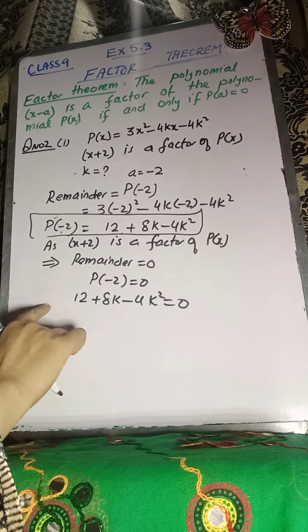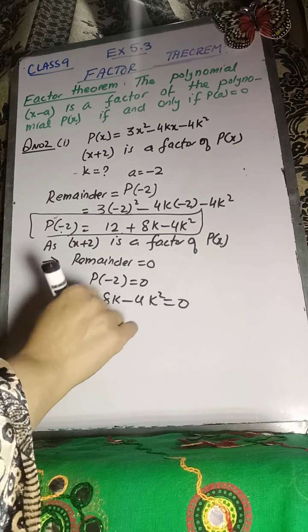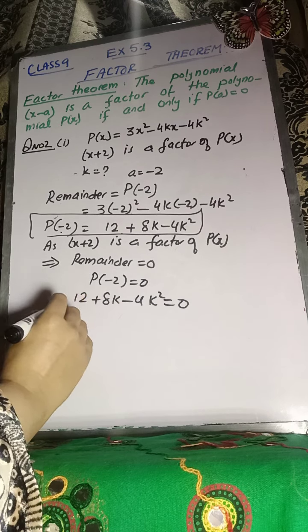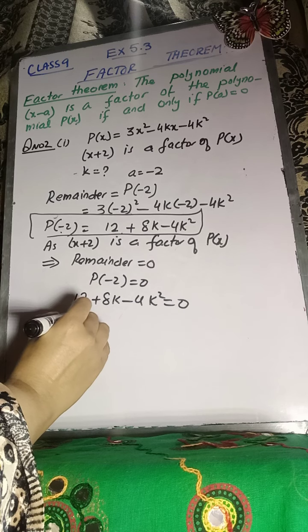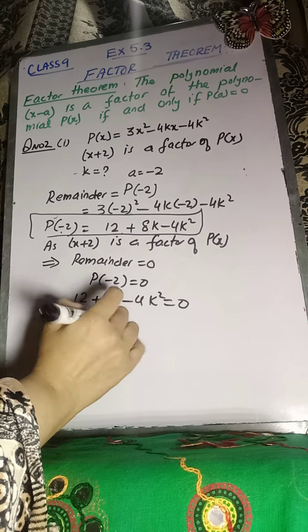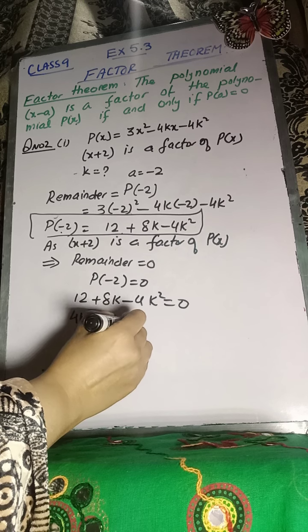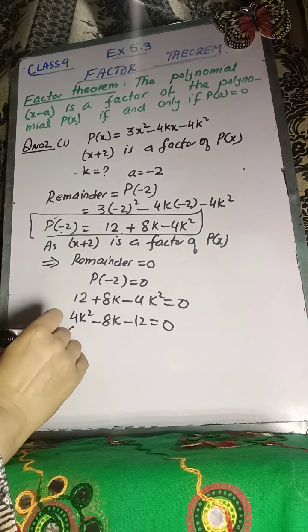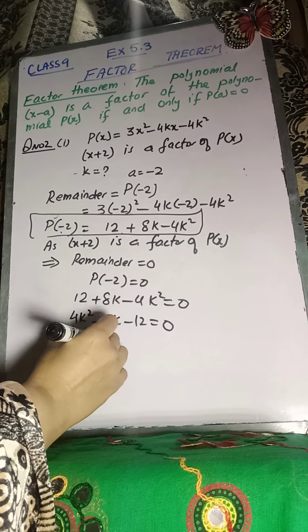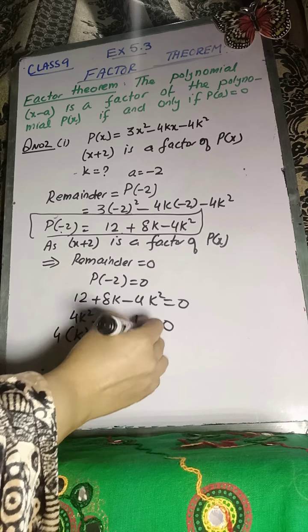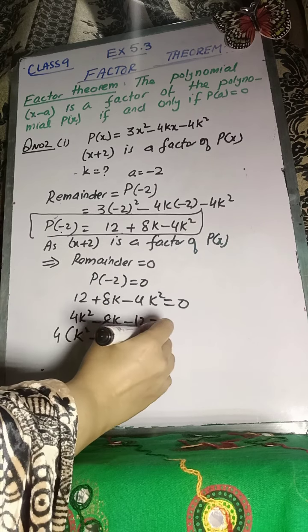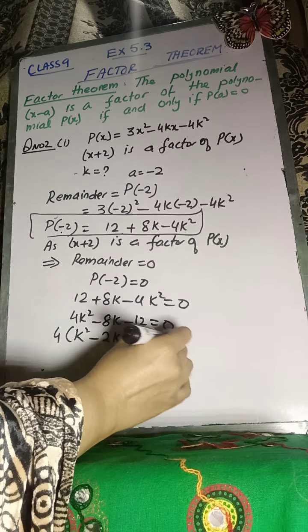I'm going to multiply it with the negative sign so that I can get it in ascending order with positive sign. So multiplying negative 1 on both the sides, I'm going to have positive 4k square, negative 8k and negative 12. The next step is to take 4 common from the whole expression so that the coefficients become simpler.